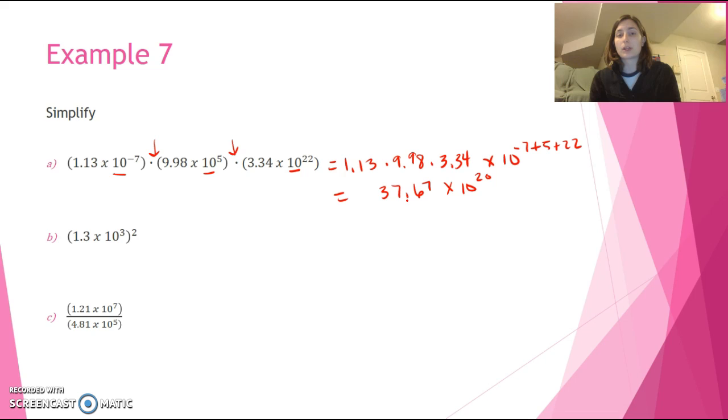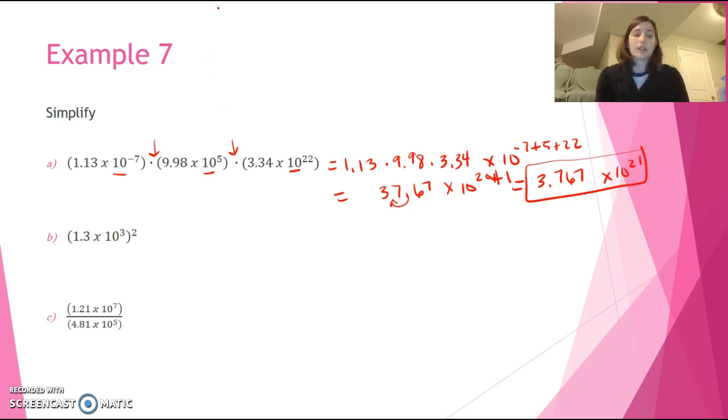So I'm going to take this decimal and I'm going to move it back between the 3 and the 7. And so when I move it back, I've made it to where there's one more digit that I have to move in order to make this correct. So I'm going to do 20 plus the fact that since I moved it once, I'm going to add 1. And so my new answer is going to be 3.767 times 10 to the 21st power. So that is my final answer for the first one.